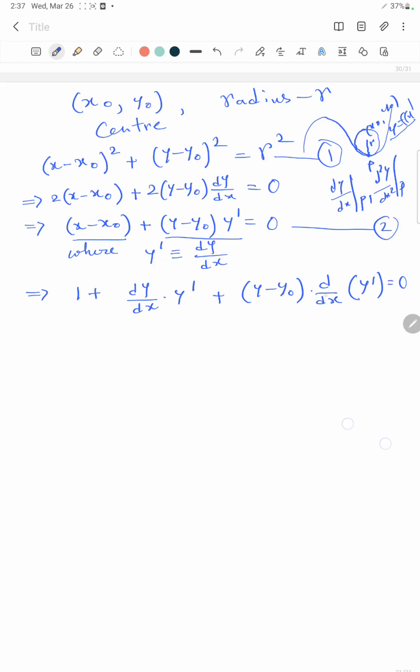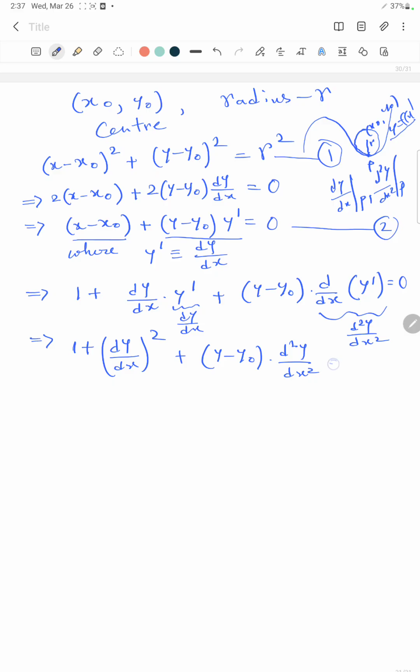That means d/dx of dy/dx, that is d2y/dx2. So we get 1 plus (dy/dx) whole square plus (y minus y0) into d2y/dx2 equal to 0.